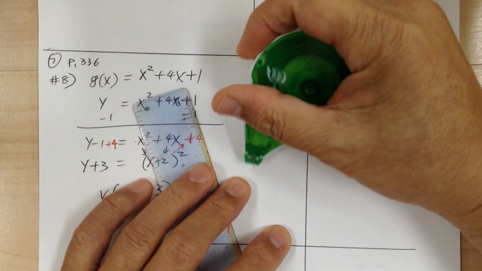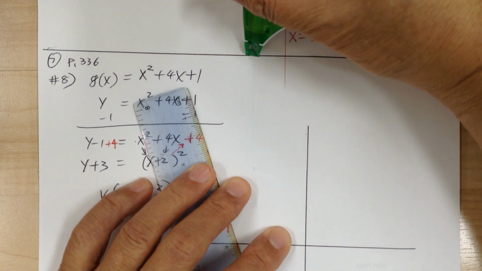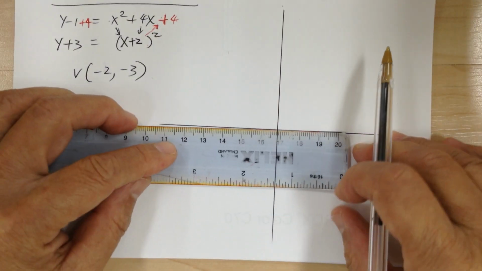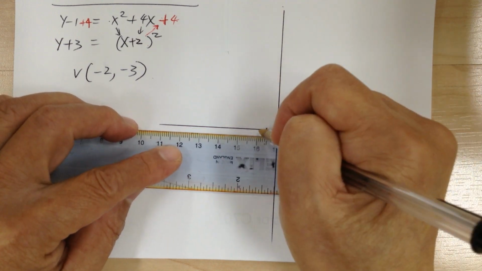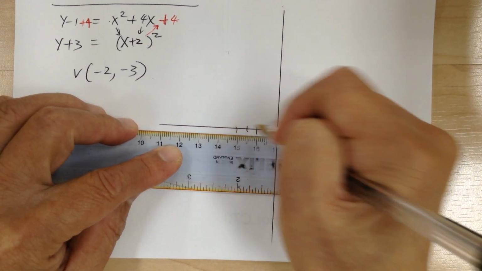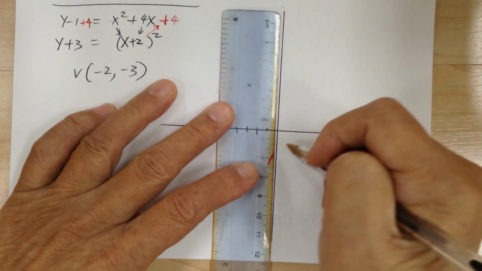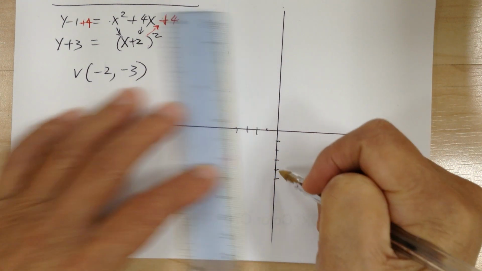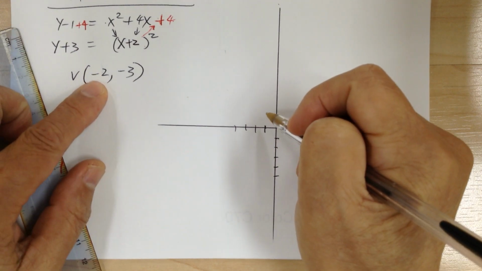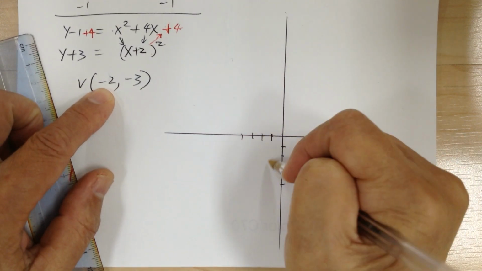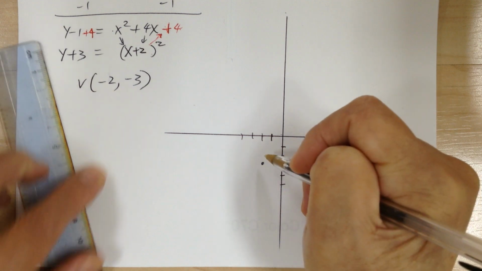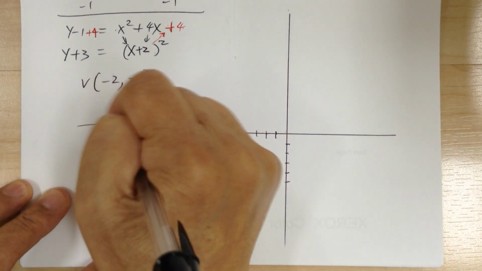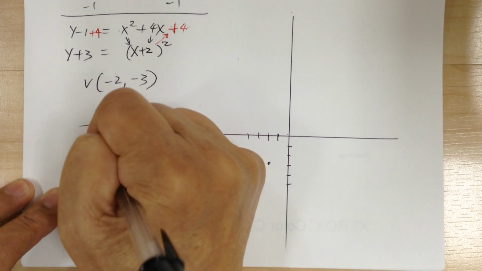Okay, let's get rid of this line right over here. So vertex is -2, -3, so -2, -3 would be right over here. And this one, again, you use the 1, 3, 5.